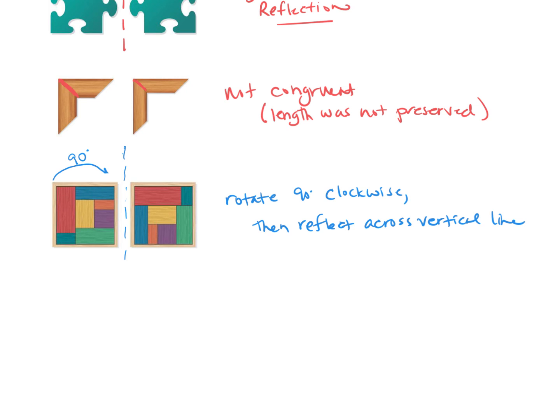So because a composition of rigid motions got us mapped onto the other figure, that means that they are congruent. We were able to find that composition of rigid motions to make that work.